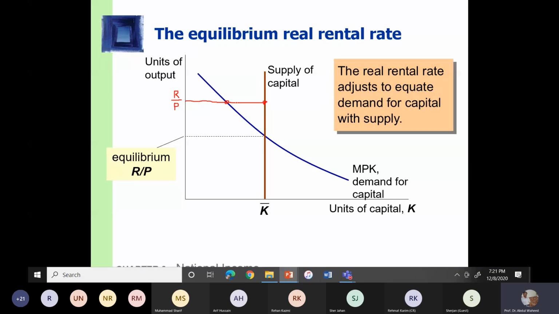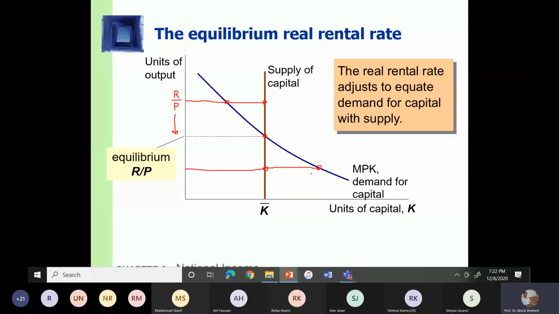And whenever there is excess supply of anything, we know that the price will go down. So the price of capital will go down. And when it decreases, it will bring equilibrium again in the capital market here, where demand for capital equals supply of capital. Now, if we are here, again, this is the demand for capital, this is the supply of capital.